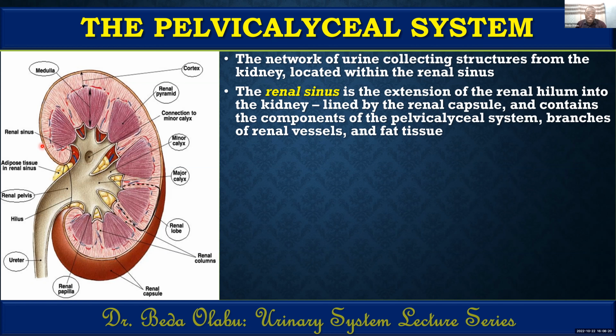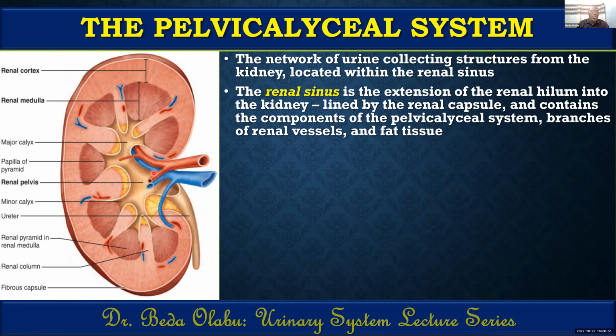So this renal sinus is lined by renal capsule, which is this one, and it contains a number of structures. Other than the pelvicalyceal system, the renal sinus contains renal blood vessels, so renal artery, renal vein, and their branches, especially the segmental component of them, as well as adipose tissue and nerves.